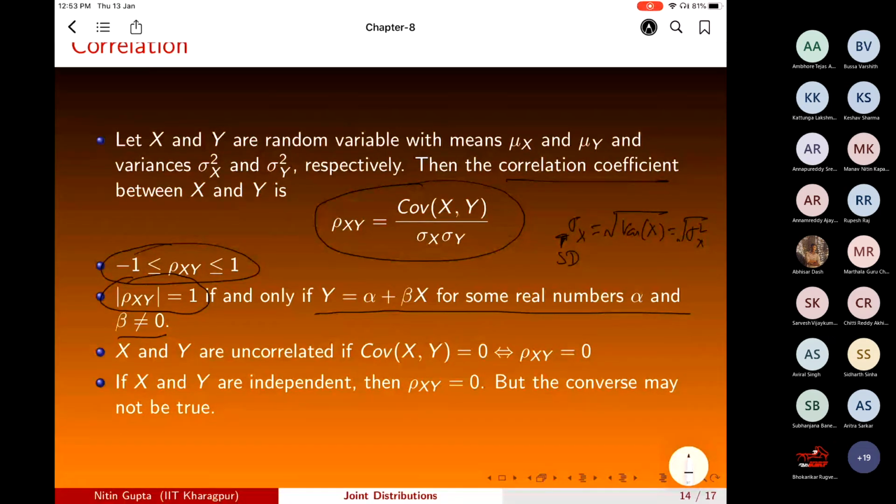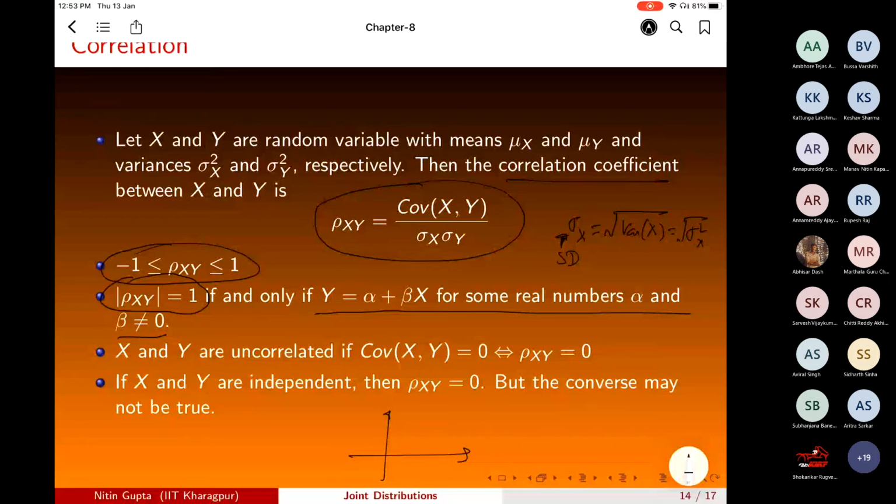That means if the correlation coefficient is 1, then x and y basically lie on a straight line. So there is a positive association between x and y if the correlation coefficient is 1.